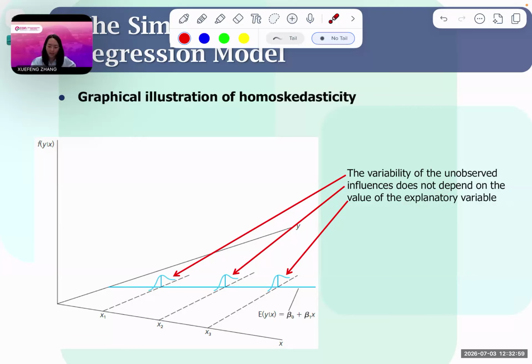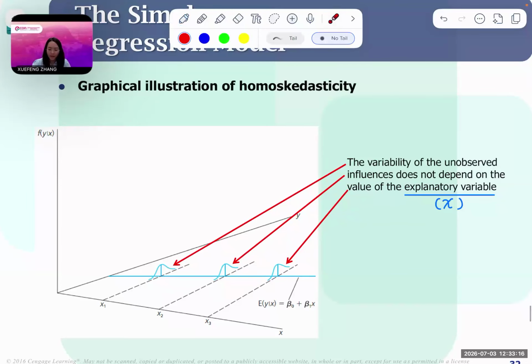Explanatory variables means x. And this is our population regression function.